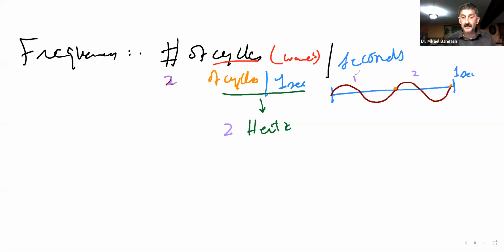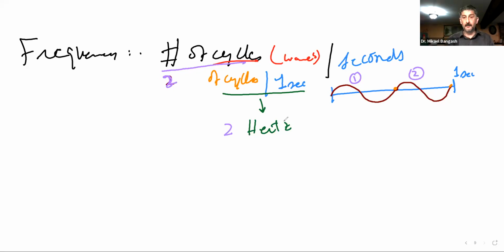What were the number of cycles that we had? We had 1 cycle, we had 2 cycles. So the number of cycles is 2, completed in a time period of 1 second. This blue line represents a period of 1 second, but in 1 second we had 2 cycles completed.